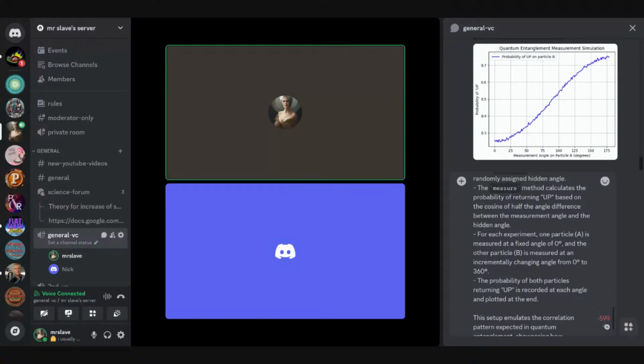So I just wanted to ask ChatGPT why it did the cosine squared. It looks like the cosine. Let me ask it to explain. I can ask Gemini to explain this line.